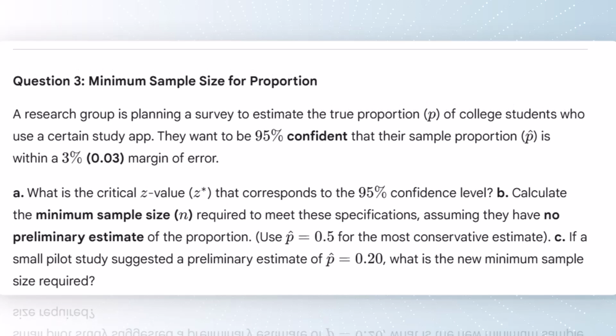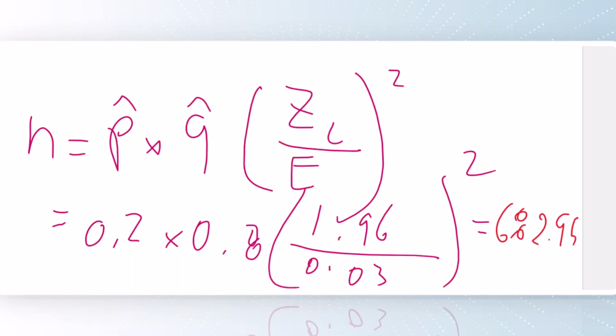So let me show you. This time n will be 0.2 for probability of success, 0.8 for probability of failure, which is 1 minus 0.2, 1.96 for Z, and 0.03 for E. If you do the math, guys, it's going to be 682.95. And since we have to round up to the next whole number, it will be 683.